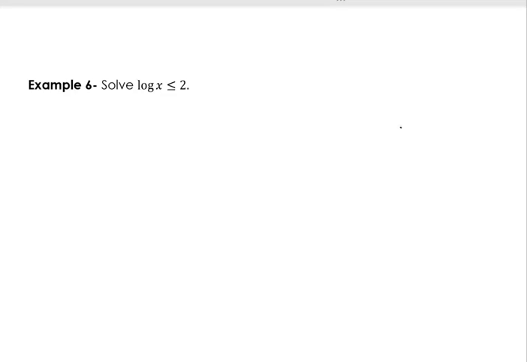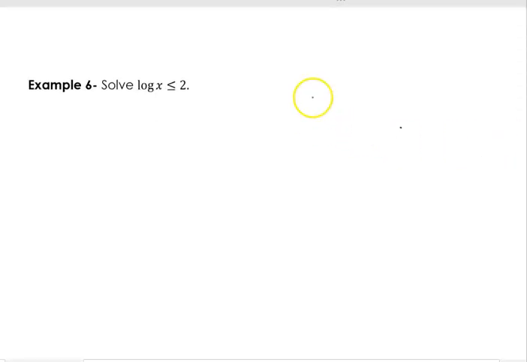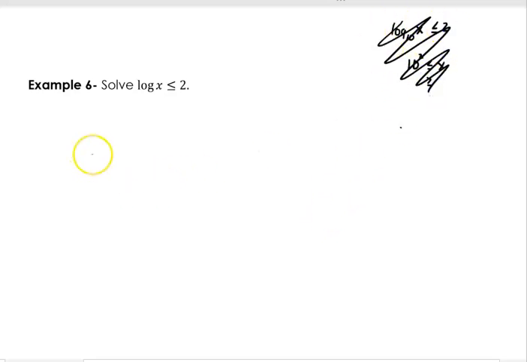So when we're trying to do this and it's a log of x, if I attempt to do log base 10 of x less than or equal to 2 and then rewrite it as a power, the problem is I don't know if my sign is supposed to go this way or this way. So how we're going to tackle these is, I know that this is log base 10.